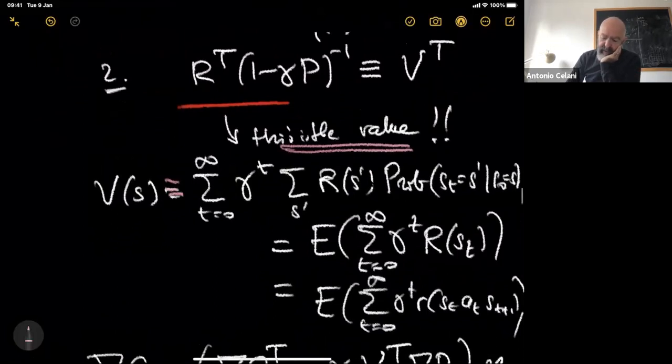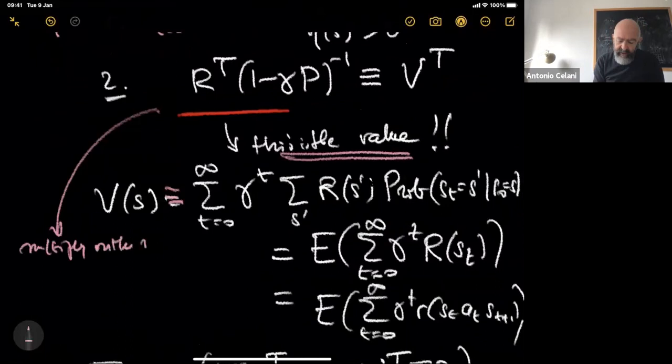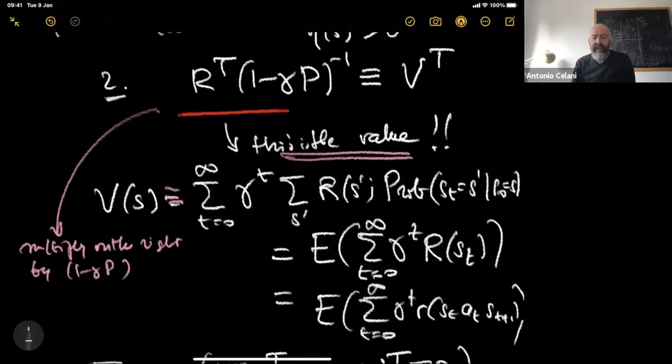The best way to show this is to start from equation 2 here, and multiply both sides on the right by 1 minus gamma P. I'm just going to remove the inverse from the equation. And what do I get?